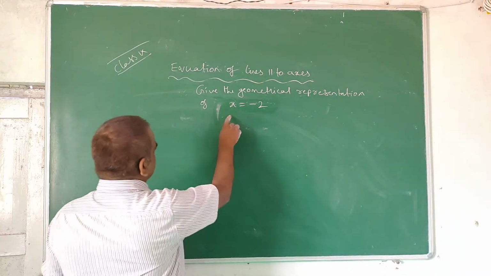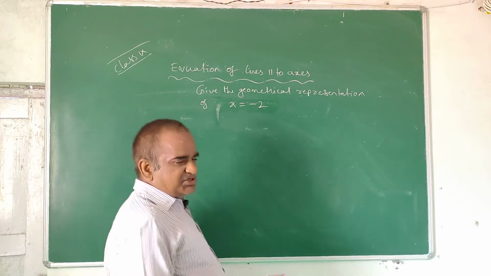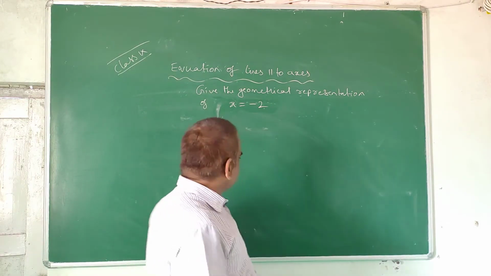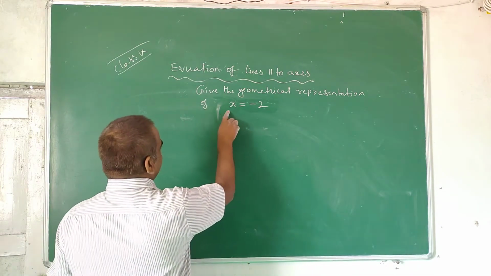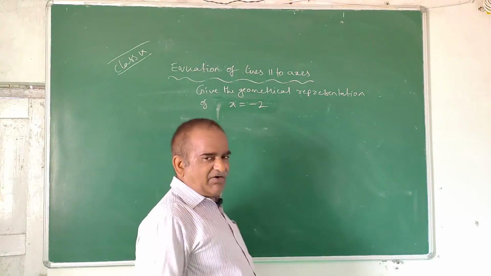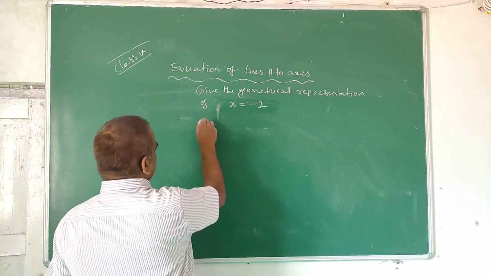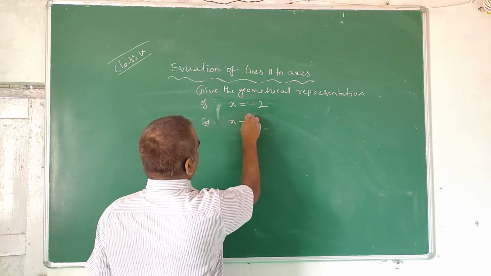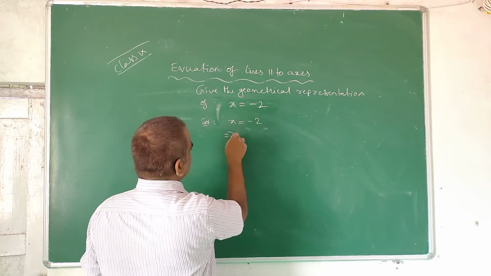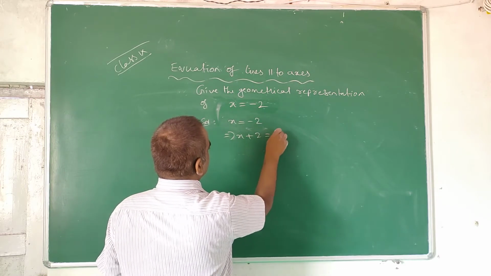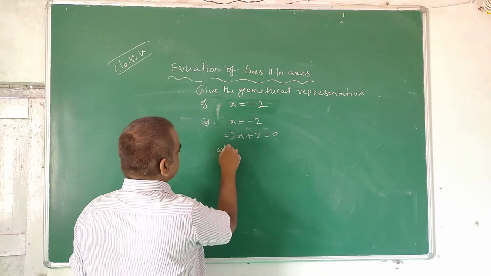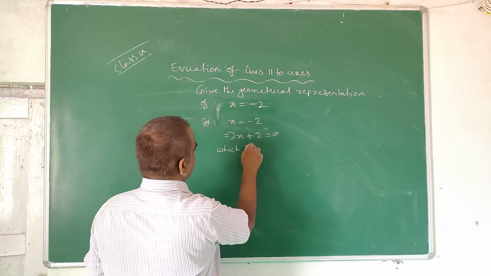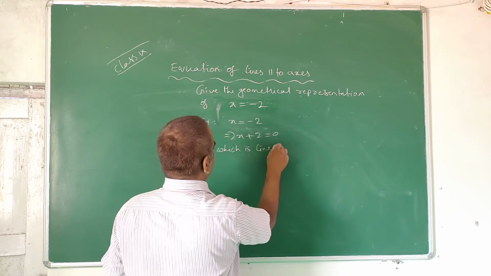Now here two situations will arise. Situation 1 is if you treat this as a linear equation in one variable. So x is equal to minus 2 implies x plus 2 is equal to 0, which is a linear equation in one variable.